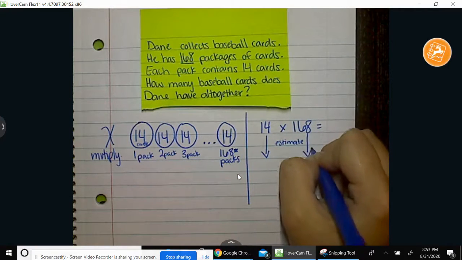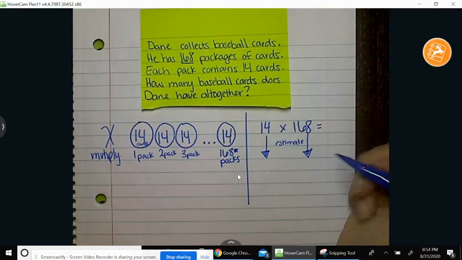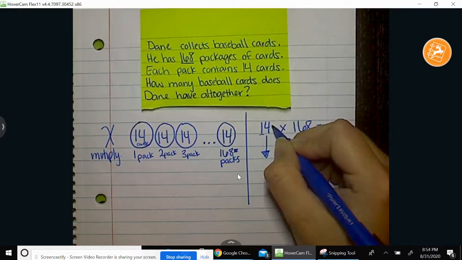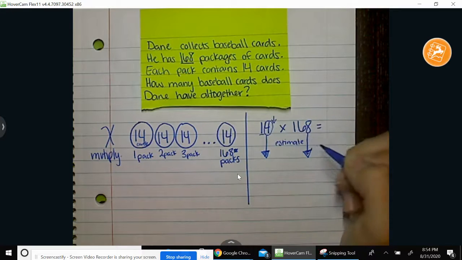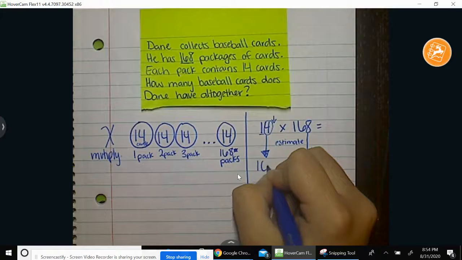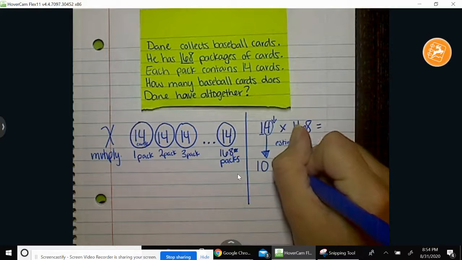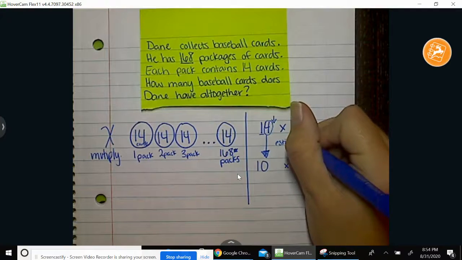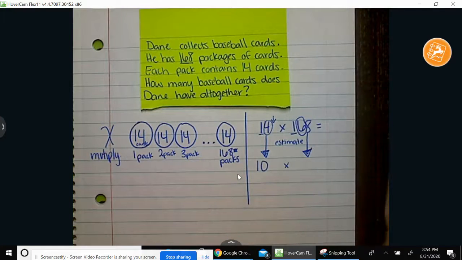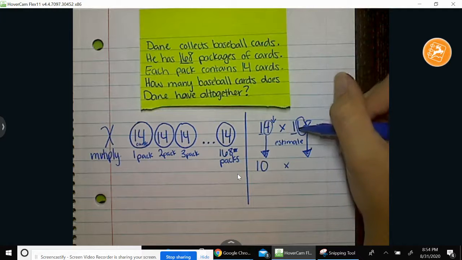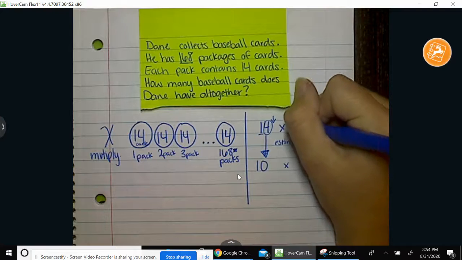And when we estimate, we do it to make things easier. So 14, I'm going to underline the front number, circle what's behind it, 4 rounds down. So my 1 stays the same, and 14 is pretty close to 10. Now, same thing here. I'm going to underline the front number, circle what's next to it, and what's next door. 6 rounds up, which means I'm going to add 1 more.